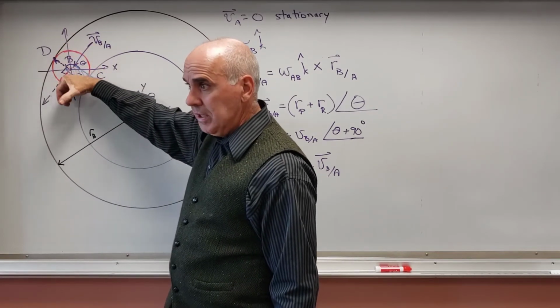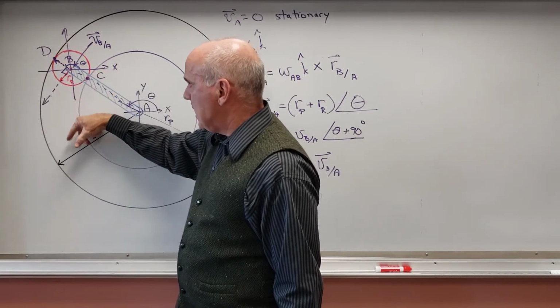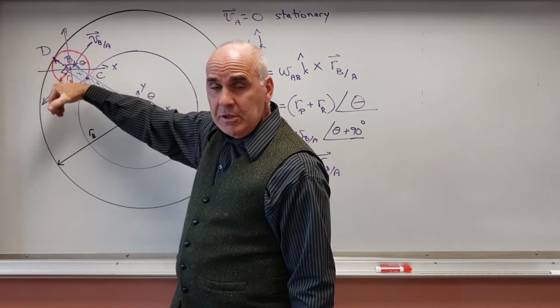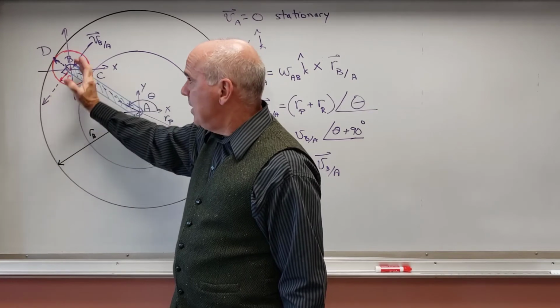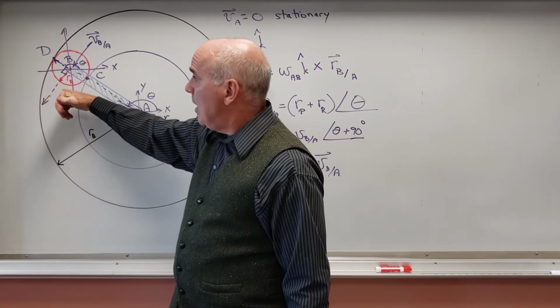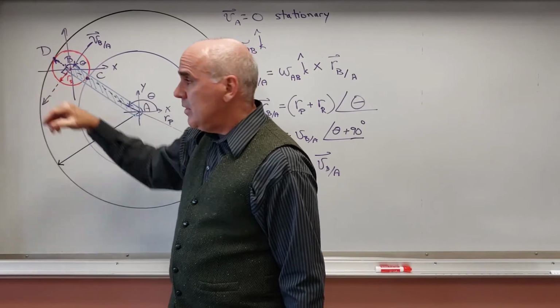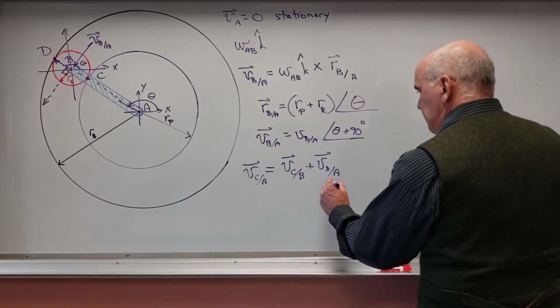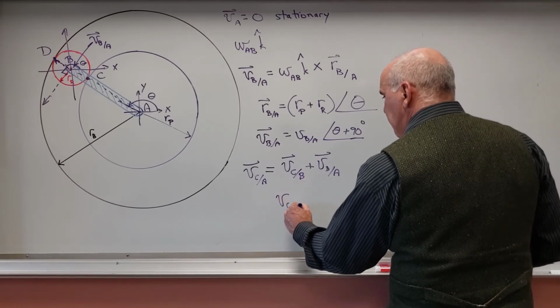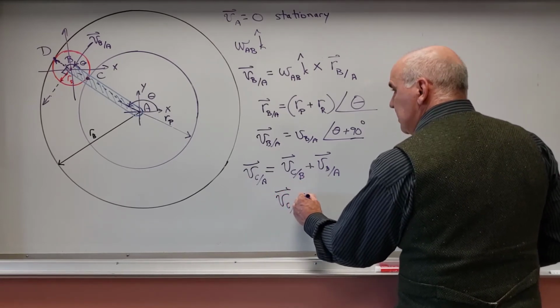It's rolling. As this thing goes in the counterclockwise direction, the red gear is going to roll along that gear, so it's going to have some omega value, which is also going to be counterclockwise, right?